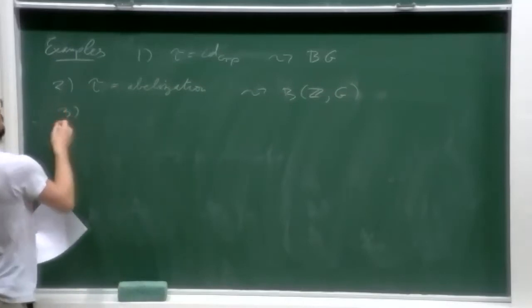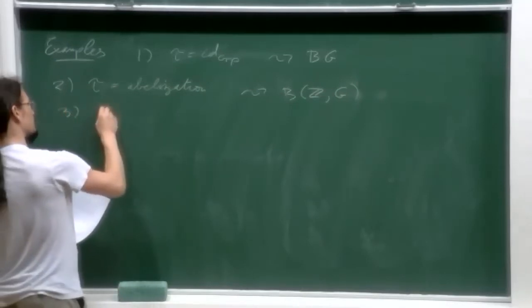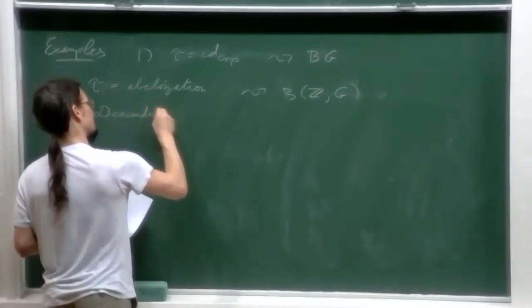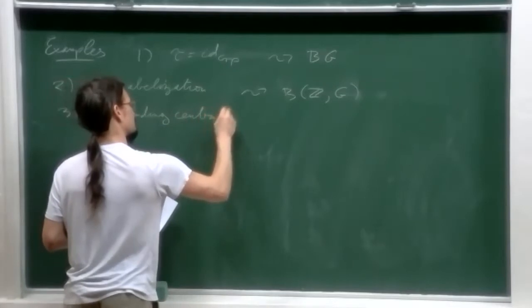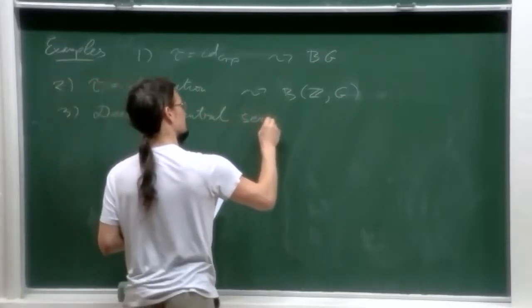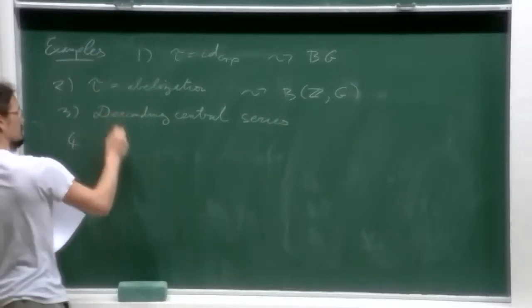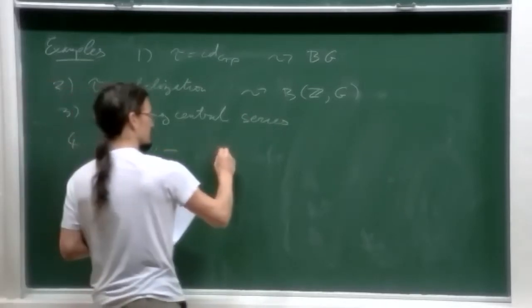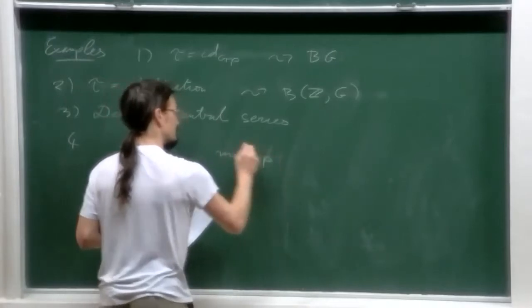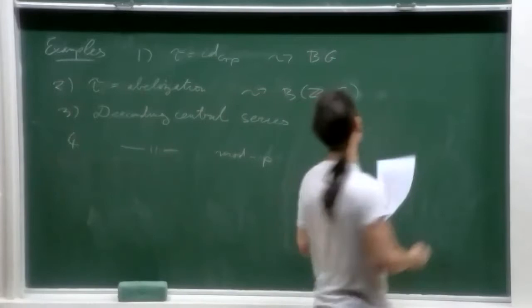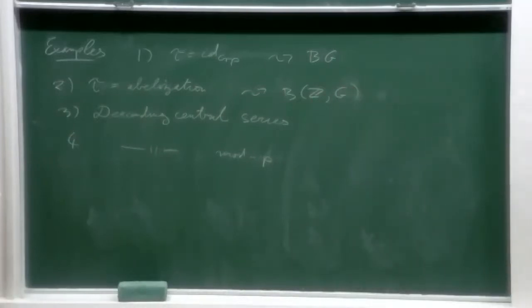And then this also includes other entries in the descending central series, and also the descending central series with the mod P version. So, this includes all these. So let me just move on to constructing our space.